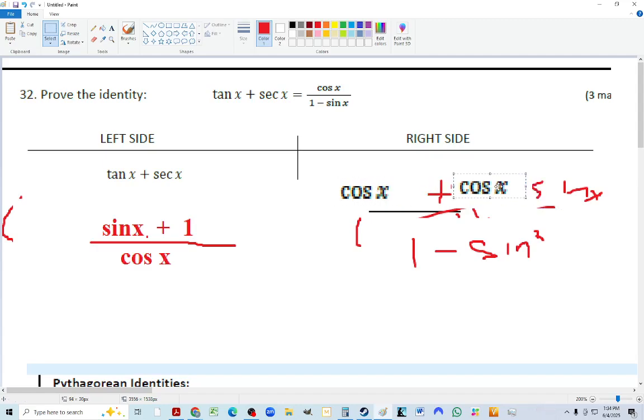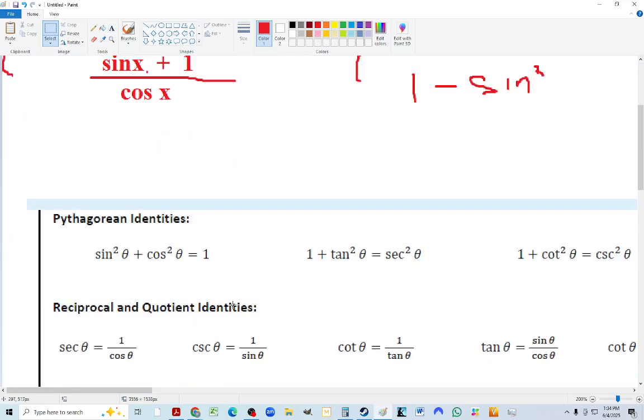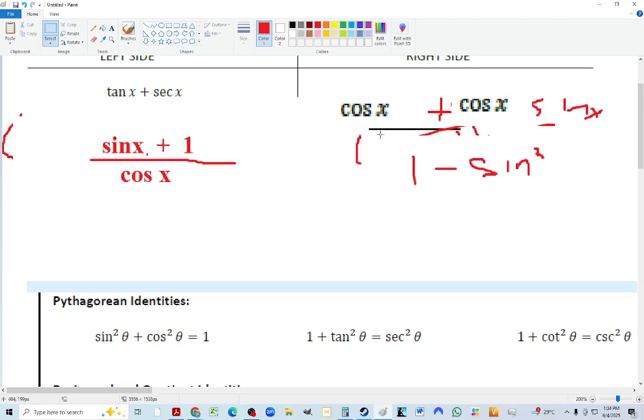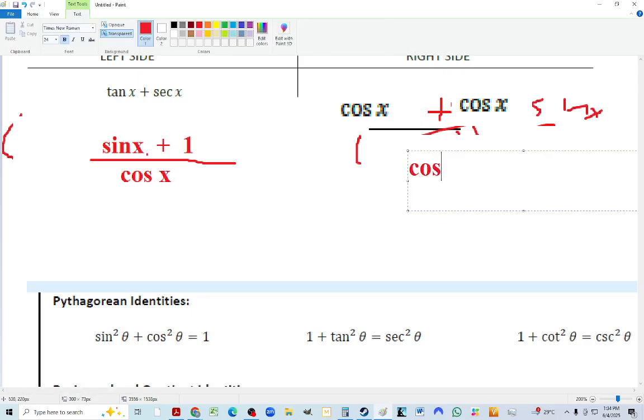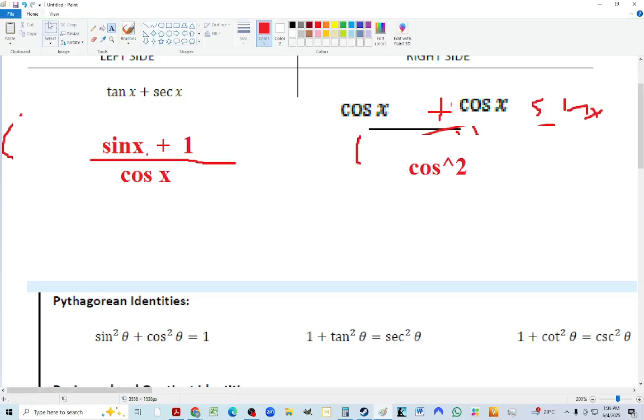Okay, so far, so good. 1 minus sine x squared has an equivalent over here. It's cos squared. When I have something over the same fraction that's added at the top, I can put this over this plus this over this.